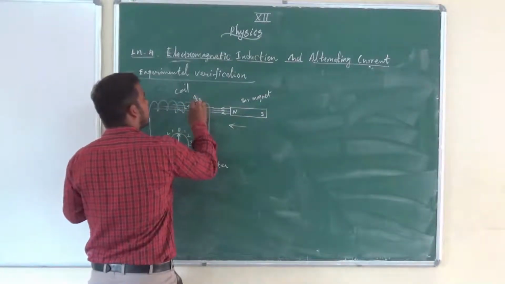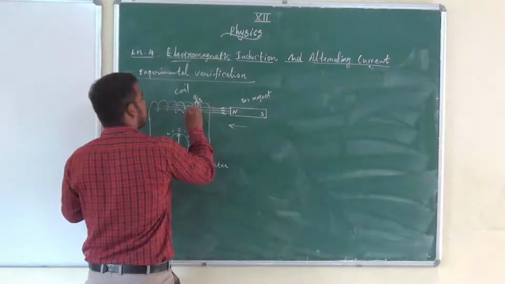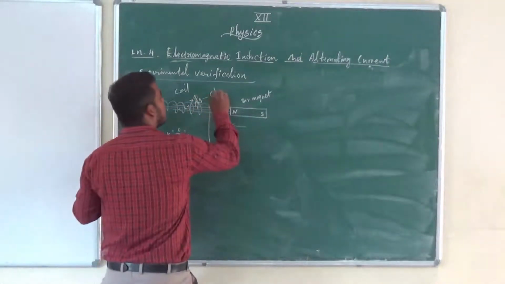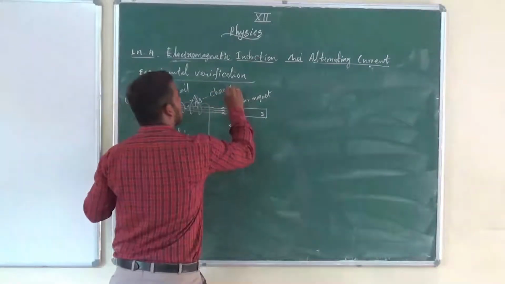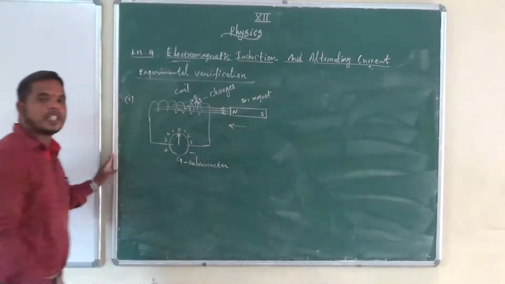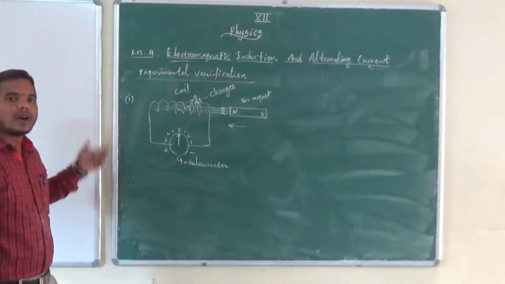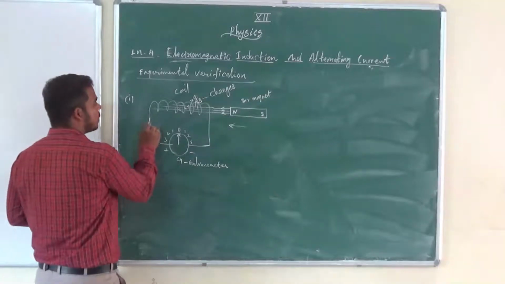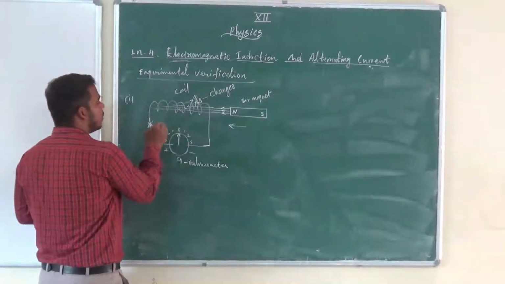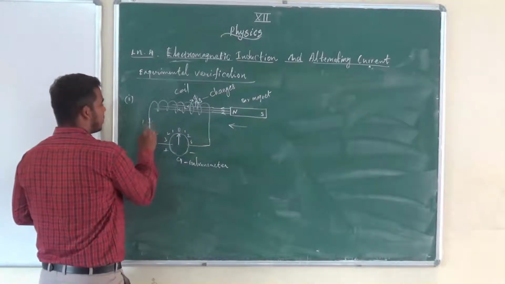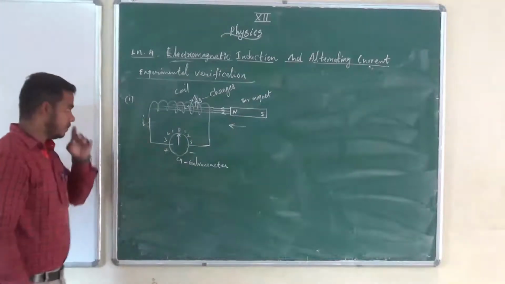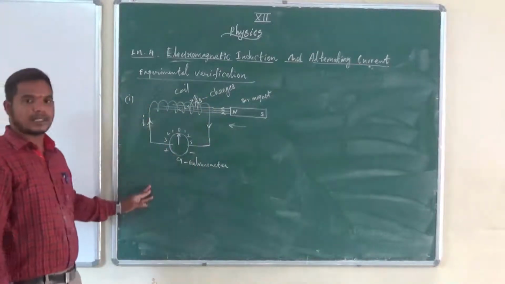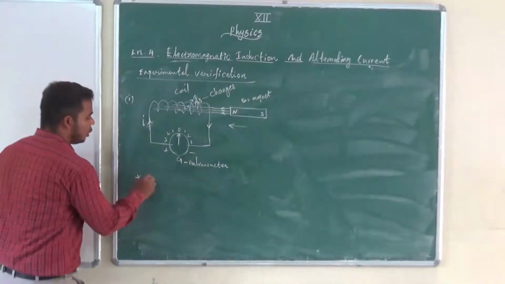Phi equals BA. How does the magnetic flux change? Due to the change, an induced current is produced, represented by I, in the anti-clockwise direction.